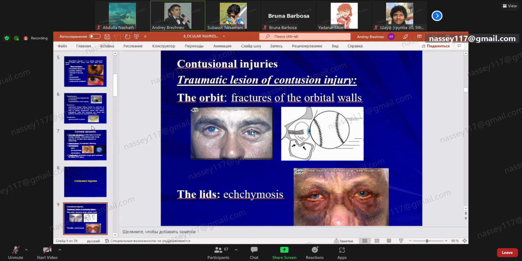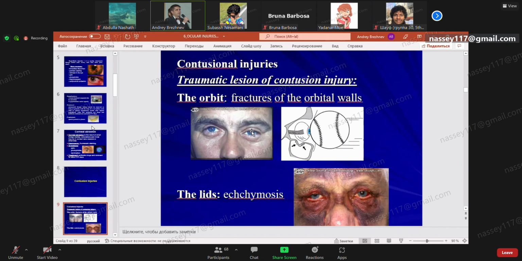There may be other disorders like laceration and avulsion of the lids. Maybe damage of the muscles which take part in the movements of the eyelids, and sometimes we can see the so-called traumatic ptosis.